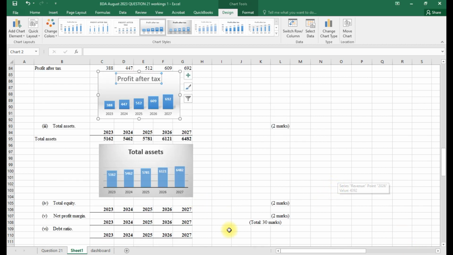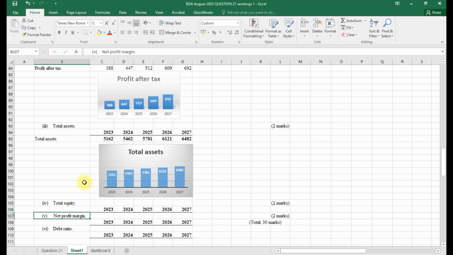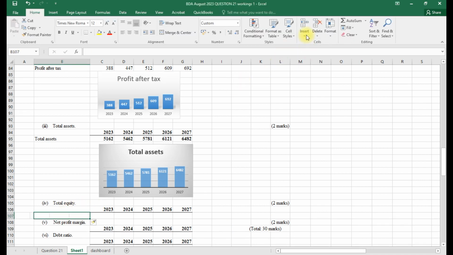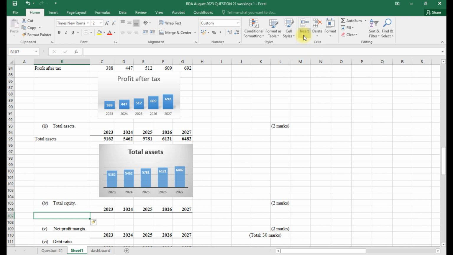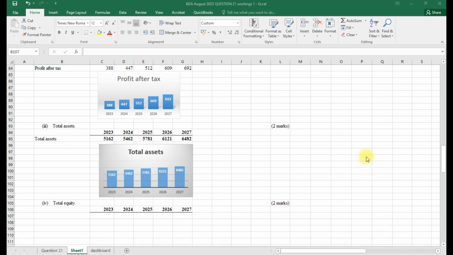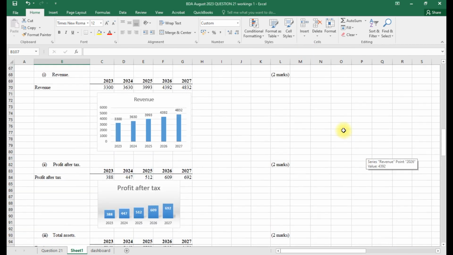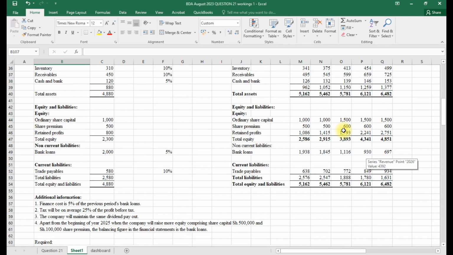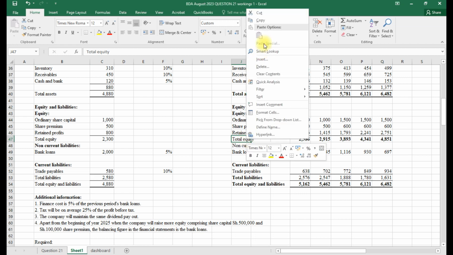So we go to the next, and now we calculate total equity here. I'll add some rows first. So we shall pick our total equity here.